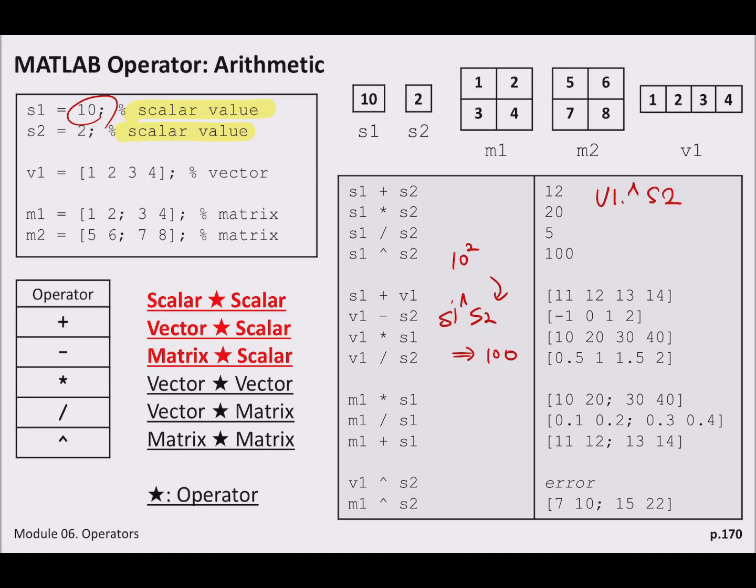That's the element-wise operation. Here vector 1 is 1, 2, 3, 4, and the 2 means we do this operation on each element. You can see module 2.